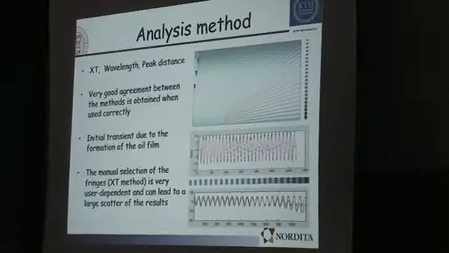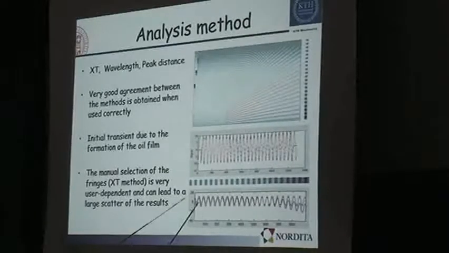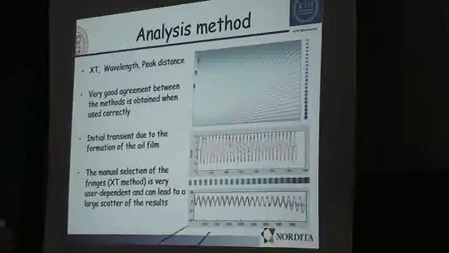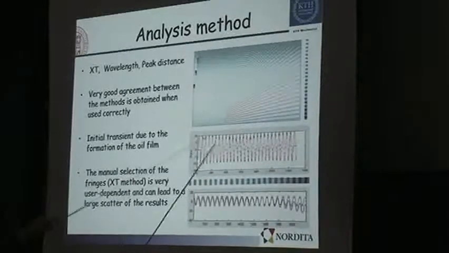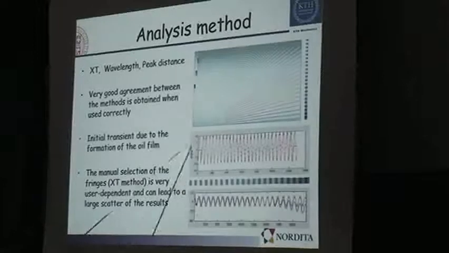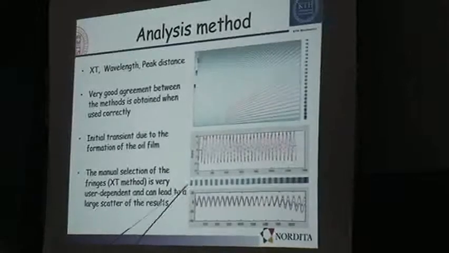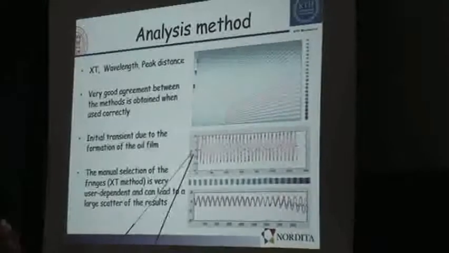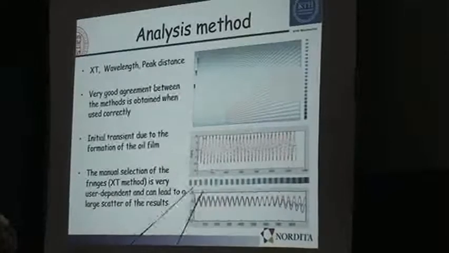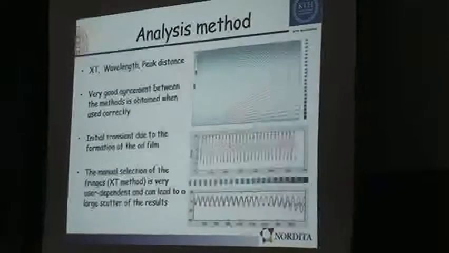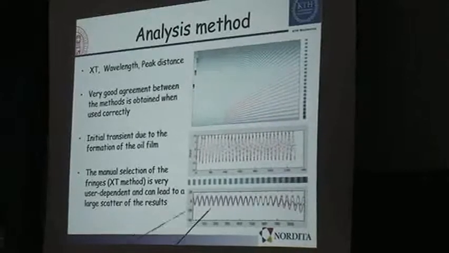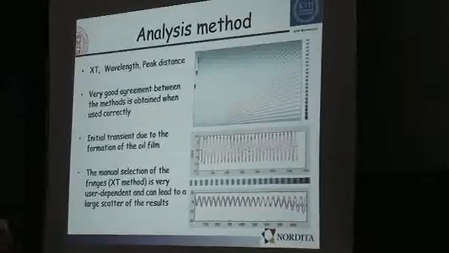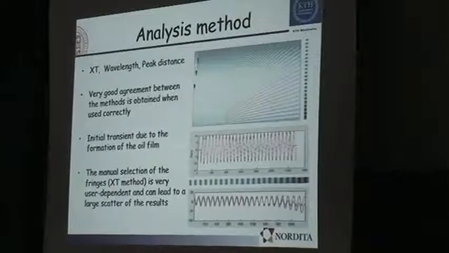Now the technique that we have been using is based directly on the wavelengths, fitting a sine function on top of the intensity of the signal. So if you have the fringes going in this direction, this is the intensity of the signal, and basically you fit a function directly on it. What you can also do is just look at the location of the maxima and calculate the mean distance.